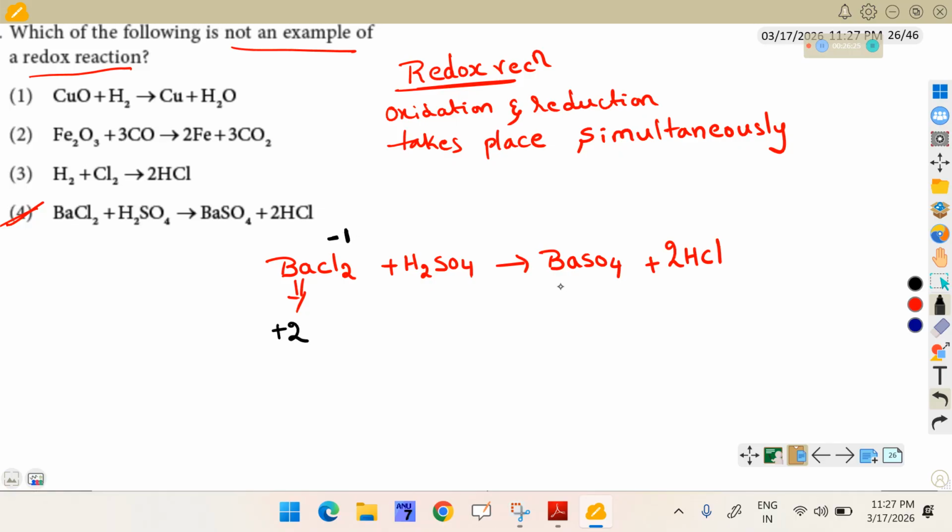On the product side also, the oxidation state of barium is +2 and chlorine is -1. On the reactant side, the oxidation state of hydrogen is +1 and sulfate is -2. On the product side also, sulfate is -2 and hydrogen is +1. So gain and loss of electrons does not take place, so it is not considered a redox reaction.